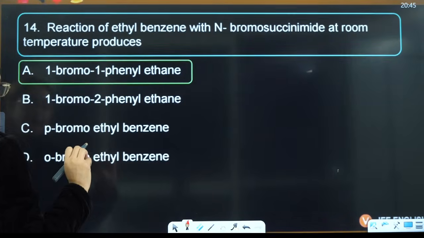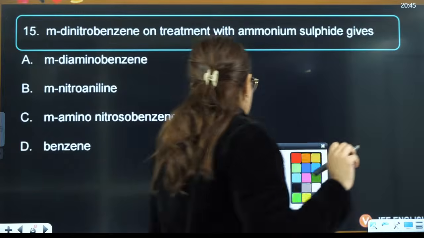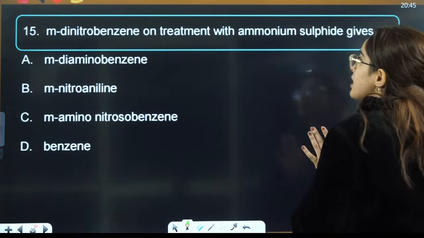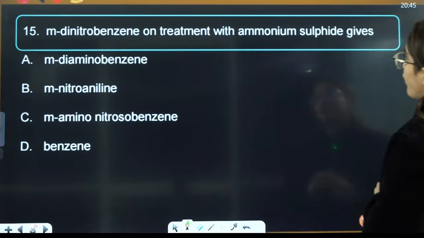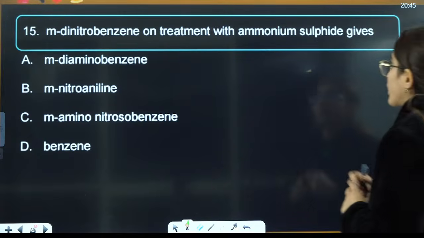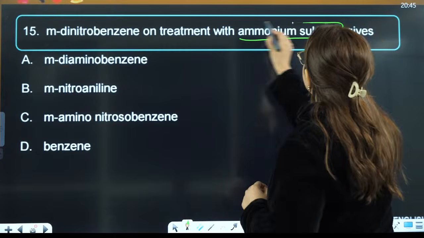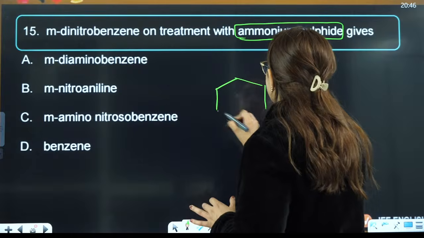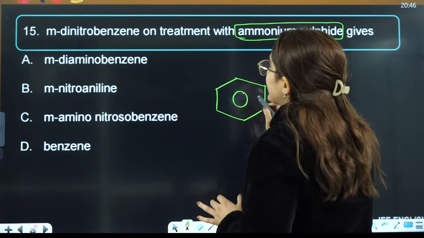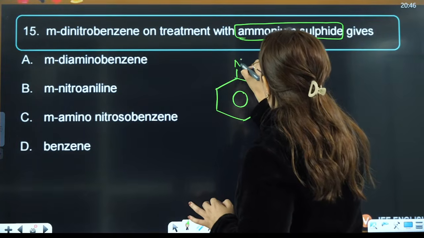Right? Okay. Now the next question. They are saying that meta-dinitrobenzene on treatment with ammonium sulfide gives what? Now you have meta-dinitrobenzene, with the nitro groups on the meta position.